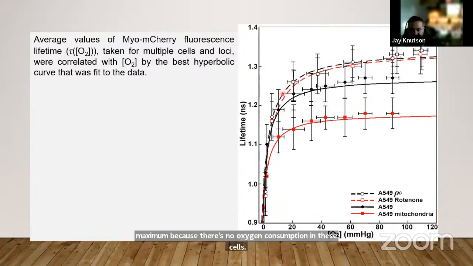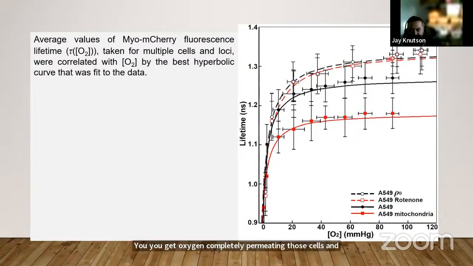You get oxygen completely permeating those cells and bringing them up to the full oxy lifetime in accordance with the KD of myoglobin. But in cells that are actively consuming oxygen, you get less of the oxy form of this probe as a function of outside oxygen pressure. And if you target the mitochondria, you get even lower because you're right there at the oxygen sink.